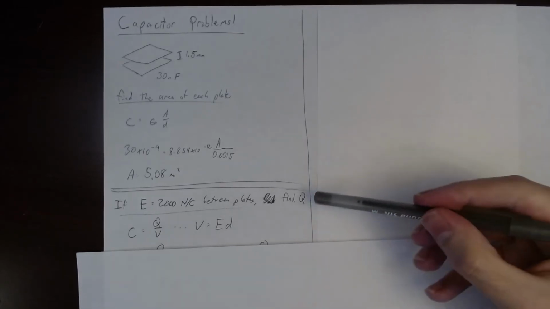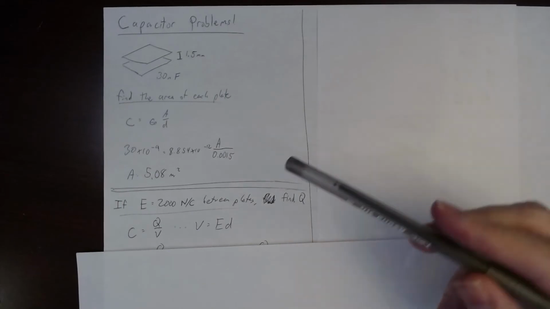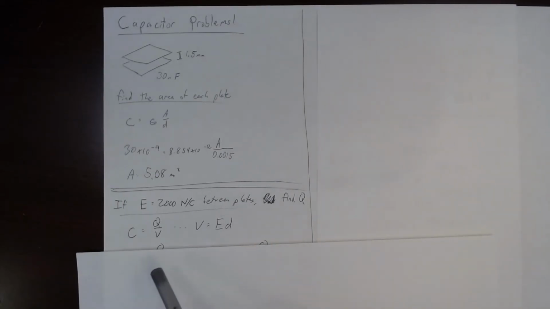Well, that has Q in it, and it relates Q to C somehow, but we don't know V, unless we take this equation. V is equal to E times D. This is true if the electric field is constant, and it is constant in a parallel plate capacitor. So we can take this V, plug that in there.